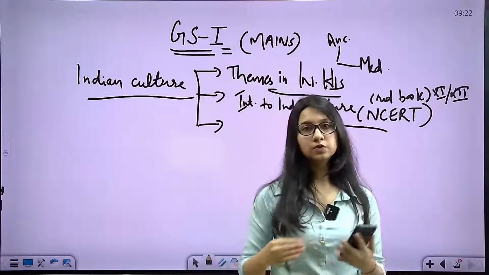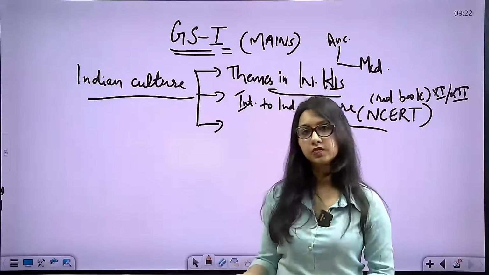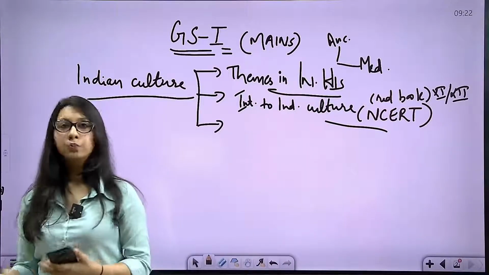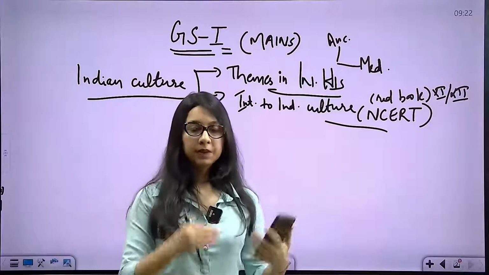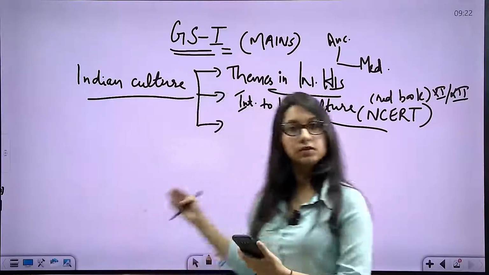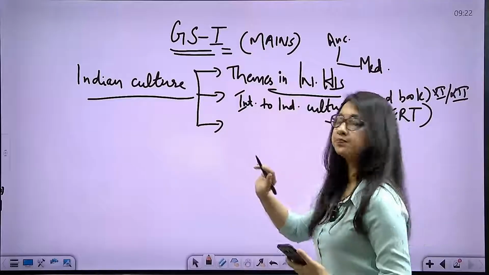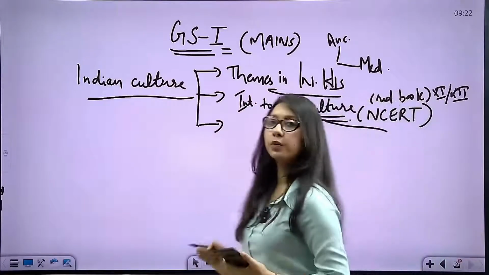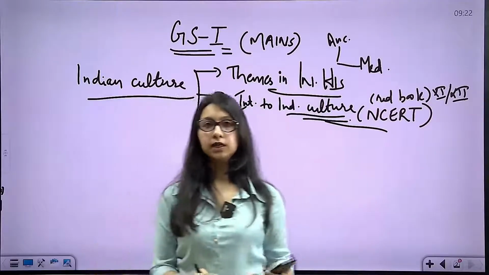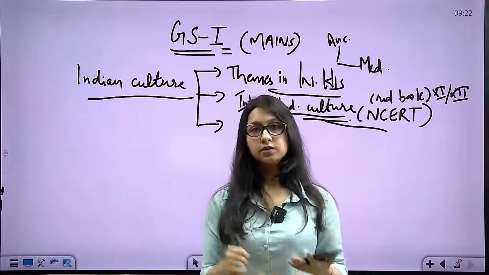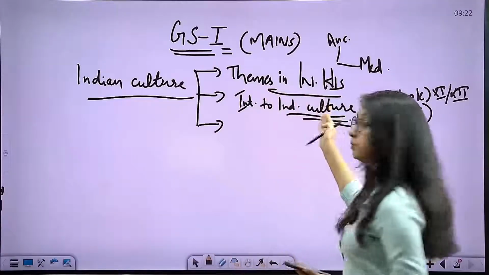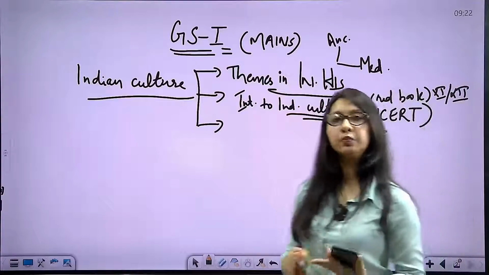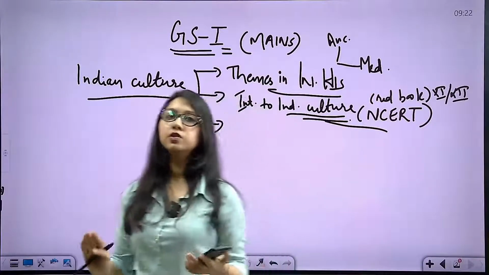Right from Paleolithic to Mesolithic, then the Indus Valley civilization, then the Vedic civilization, Jainism, Buddhism, then up till the Guptas and Harshas, then the Chola, Pandya, Chera people in the South, up till the medieval era. And in it, it deals topic-wise, like temple architecture, painting, Ajanta Ellora caves, Jainism, Buddhism, Bhakti movement, Sufi movement. So these three books combined will give you enough material for any question which is asked.